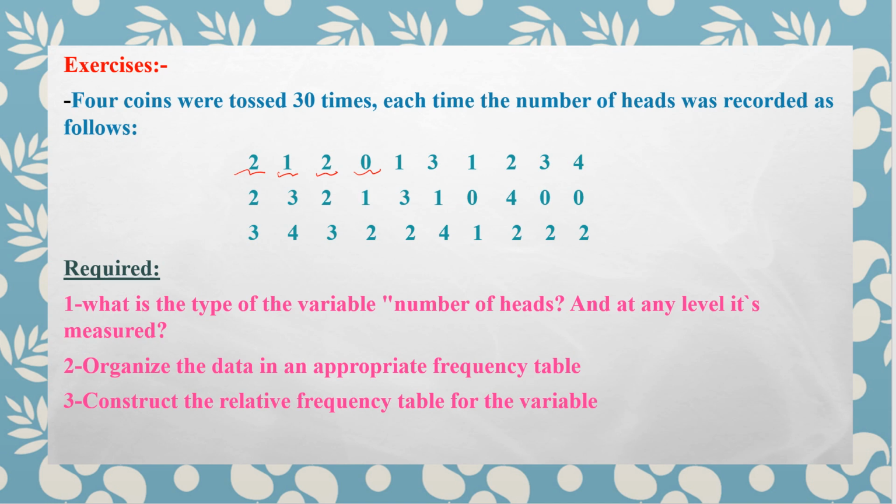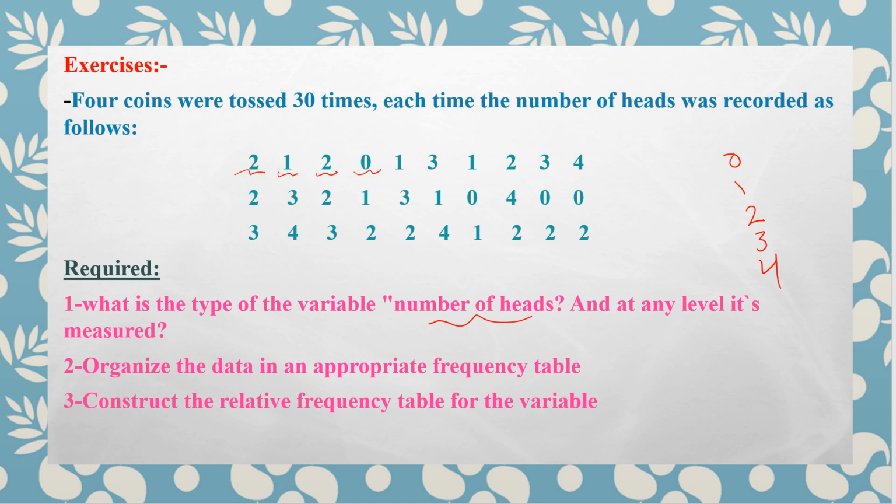What is the type of the variable number of heads, and at what level is it measured? The type of the variable number of heads is a quantitative discrete variable, as the number of heads may be 0, 1, 2, 3, or 4.